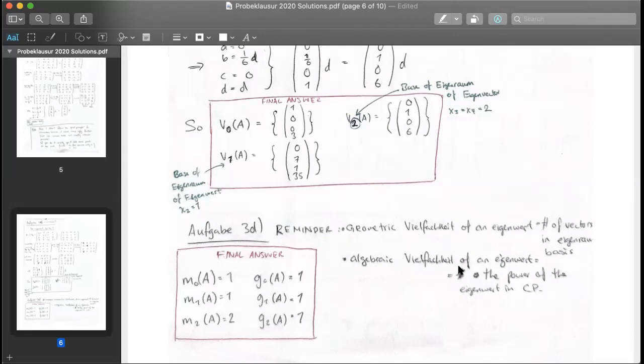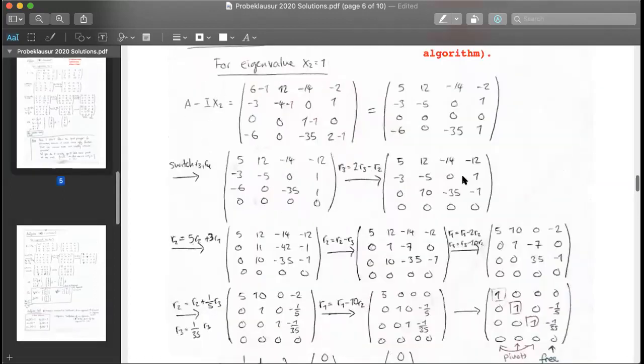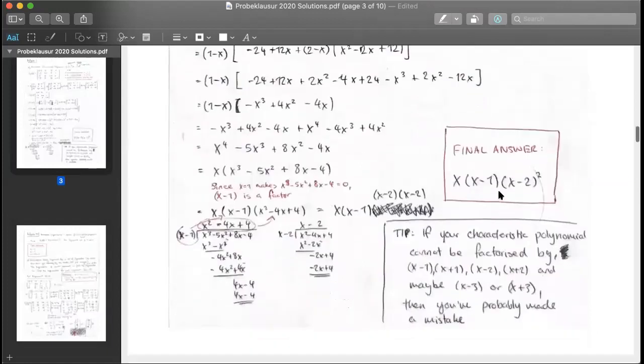So first, let's look at the algebraic multiplicity. The algebraic multiplicity of an eigenvalue is just how many times that eigenvalue appears in the characteristic polynomial. So it's the power of the eigenvalue in the characteristic polynomial. If we go back to our characteristic polynomial, we have 3 eigenvalues. This eigenvalue appears once, this eigenvalue appears once, this eigenvalue appears twice.